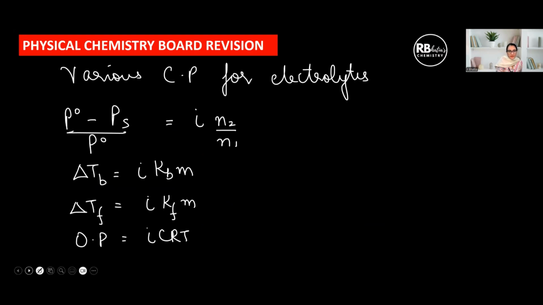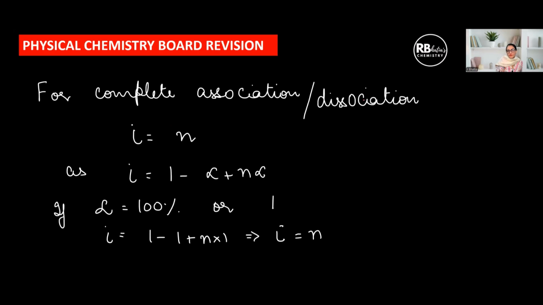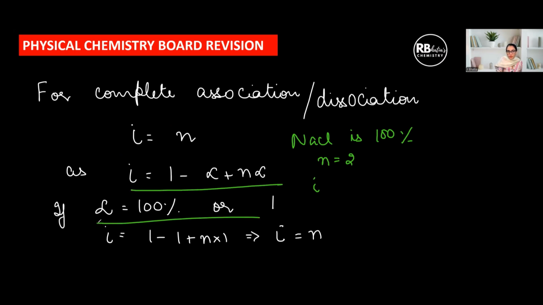Okay. So next is for complete association or dissociation, I is always equal to N. That means if I tell you sodium chloride is 100% dissociated, then that means N is 2. So I is going to be equal to 2. How? I have shown you the substitution and the example.